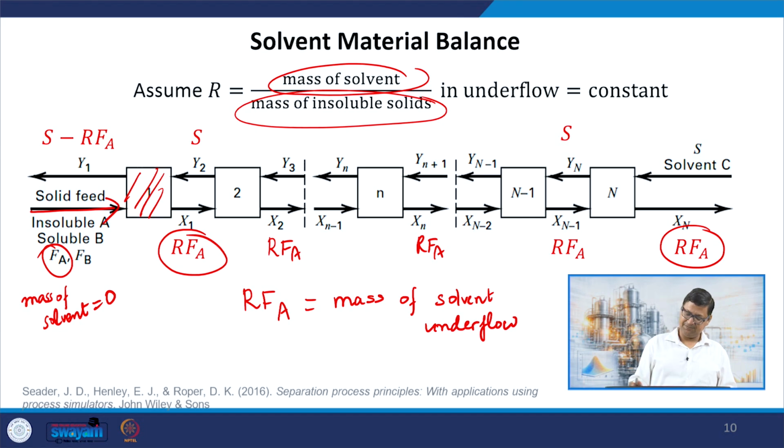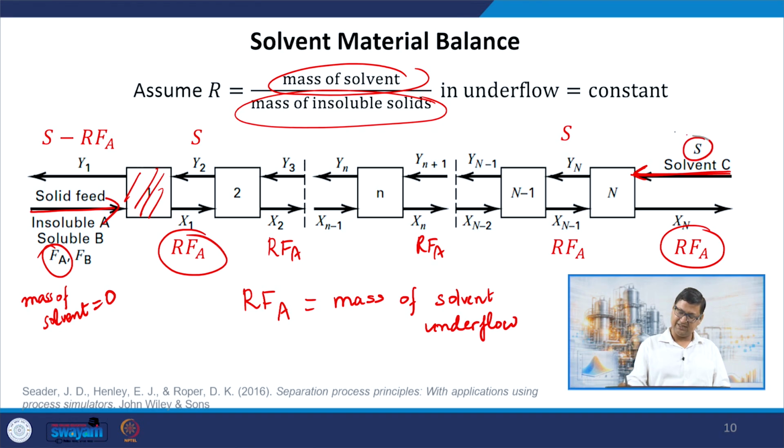On the other hand, the solvent is going to take up the soluble component B in the overflow along with it, right? So if I now look at the amount of solvent in the overflow, the solvent enters the nth stage.